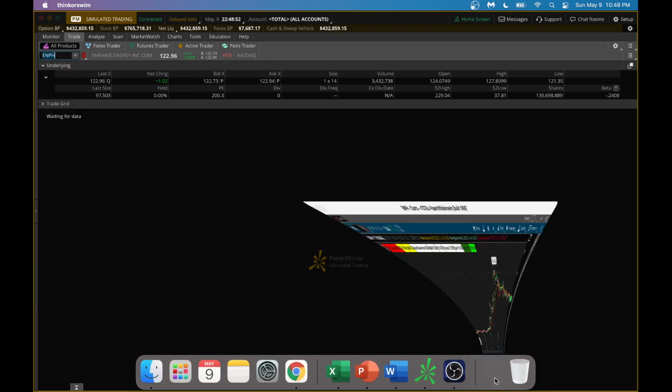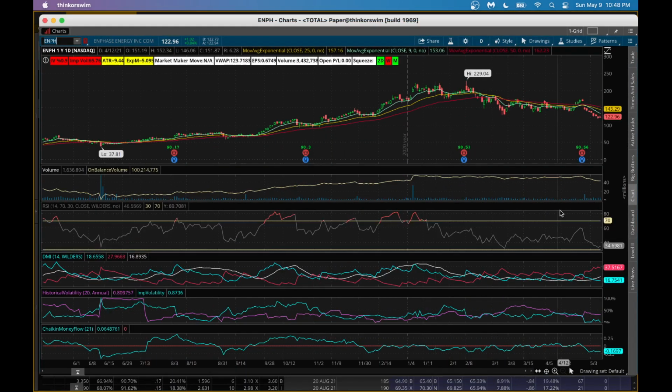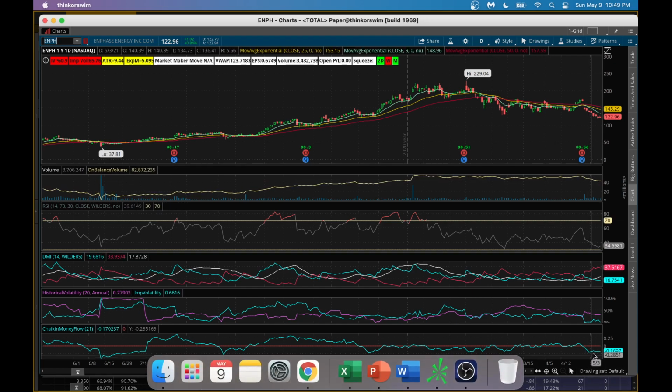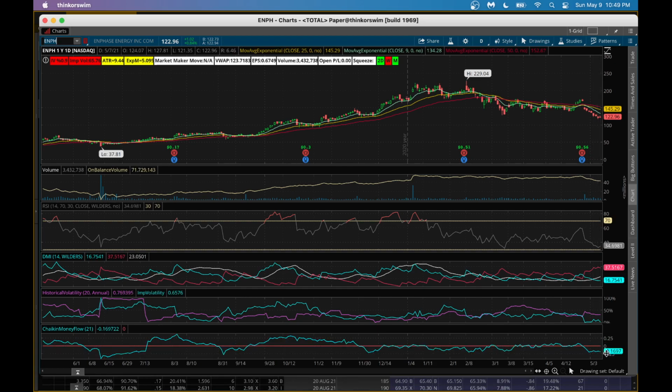And let's go to the chart here. As you can see, Enphase Energy came down drastically after the earnings. Now it's trying to make a base here. That's when we typically like to come in. As you can see, our RSI is really beaten down. On-balance volume is trying to stabilize at this point, and Chaikin money flow is pretty stable, constant at this time, flat. RSI is low.